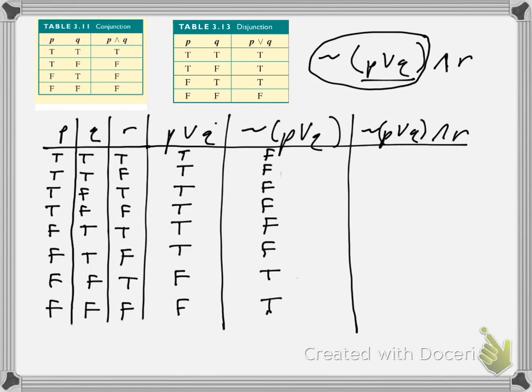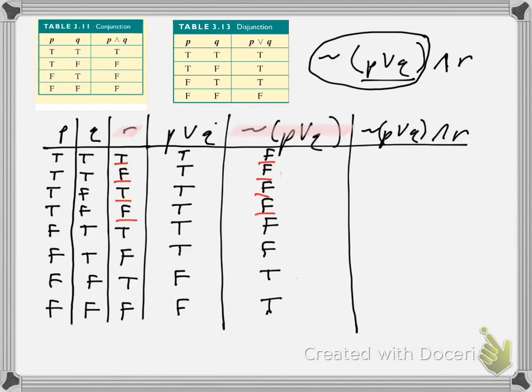Okay, now I'm going to compare. This one's a little tricky. I'm going to do this column and R because it's not P or Q and R. So it's an and. So, for example, in this one I've got true and false, false and false, true and true.